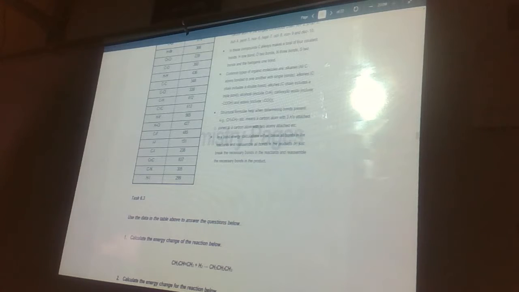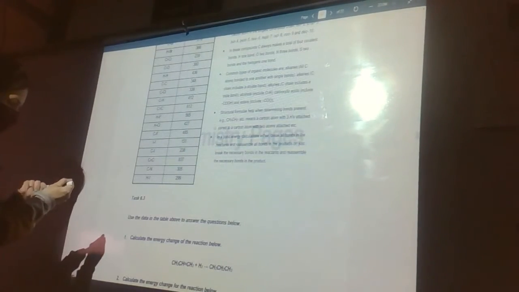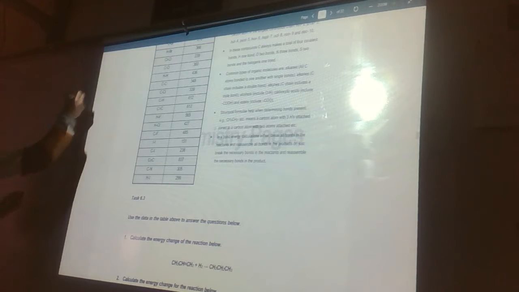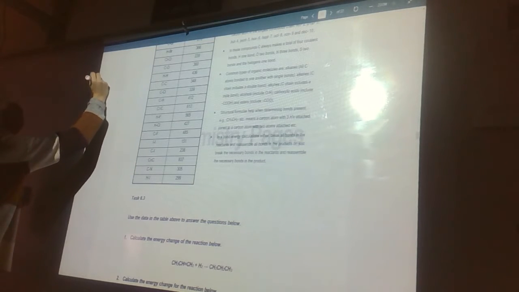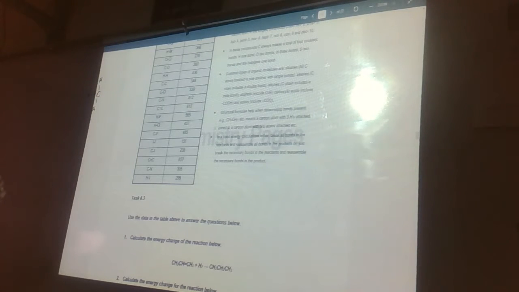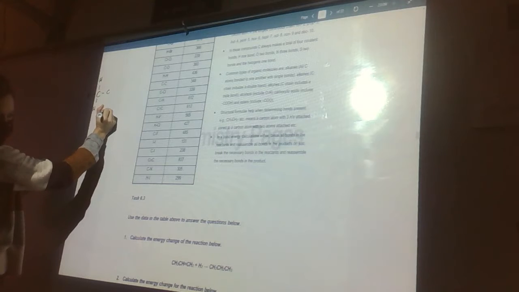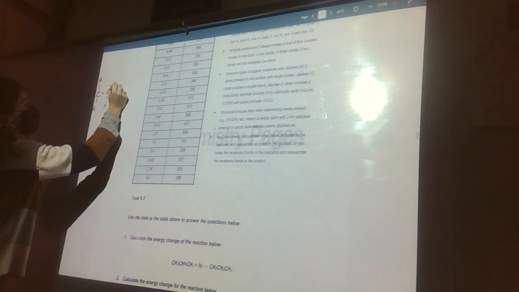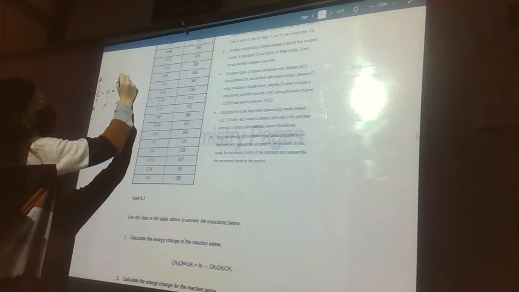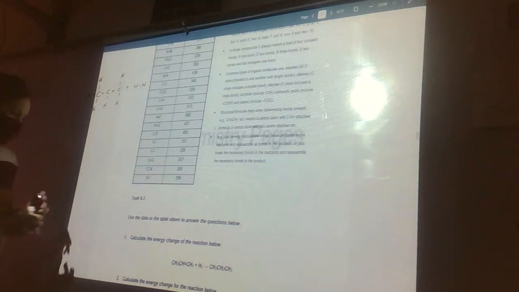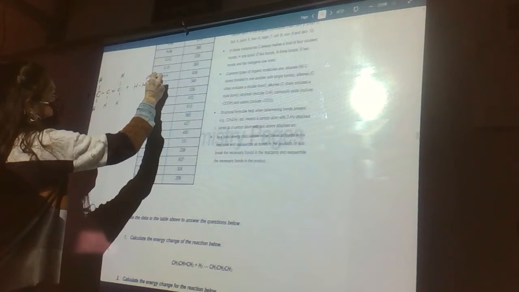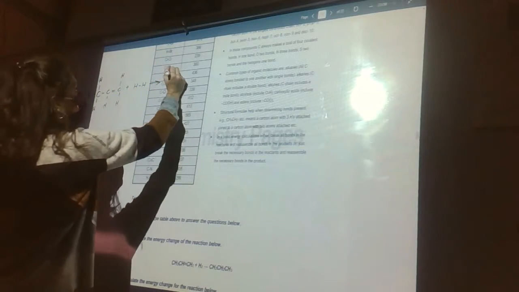Calculate the energy change of the reaction below. So we have CH3, CH double bond CH2, going to this.